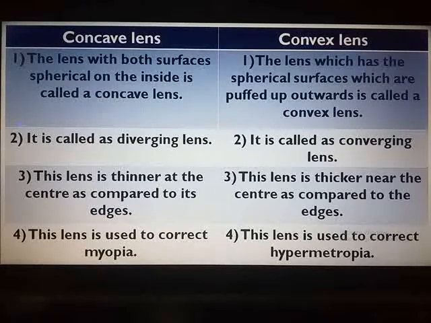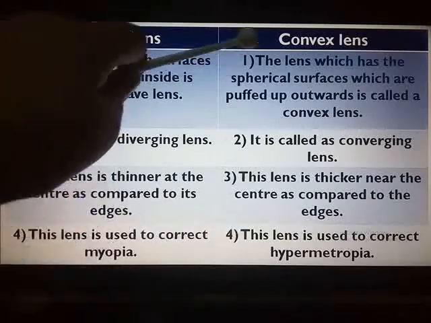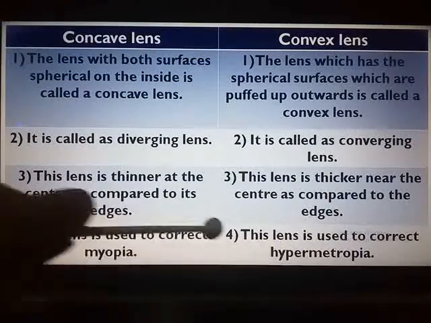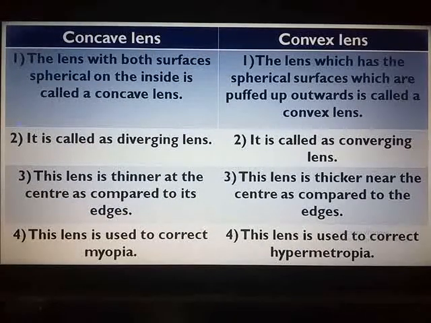You know that concave lens is used to correct myopia or nearsightedness, whereas convex lens is used to correct hypermetropia or farsightedness. These are the 4 points which I have given from my side. Any other point if you want to add, you can add over here. But the main point here is what is concave, what is convex lens, and what it is used for, to correct which defect, then which type of lens it is, which one is converging, which one is diverging.